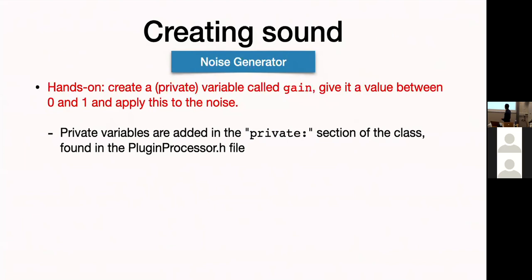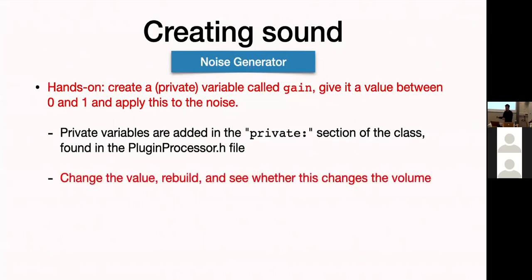So we can add a gain variable. Let's make it float or double, doesn't really matter, and give it a value between 0 and 1. And then just like I did before with my code, we can apply a gain to the entire signal before we send it to channel data. And then change the value, rebuild the program, and see whether it changes the volume.